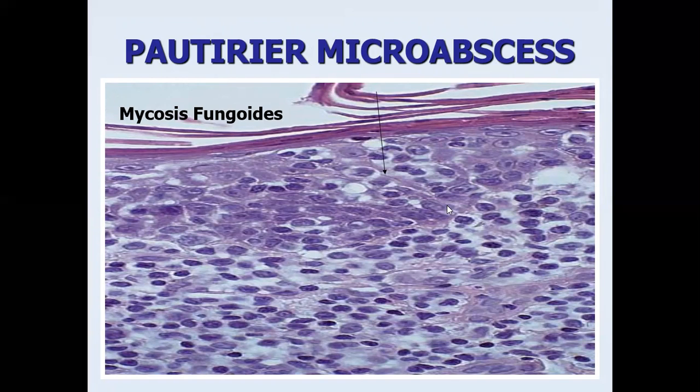Then there is another term which we use, and it is called epidermotropism. Epidermotropism means the presence of atypical lymphocytes within the epidermis. And this is different from exocytosis in that, number one, in exocytosis, the lymphocytes that are entering into the epidermis are of normal size and shape.